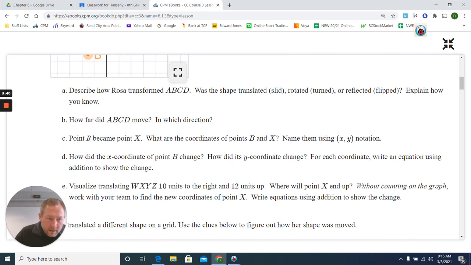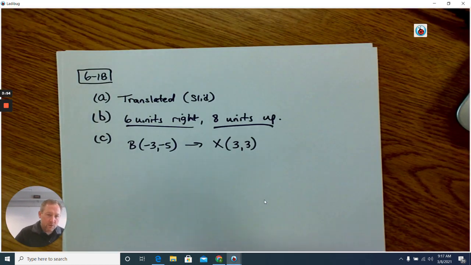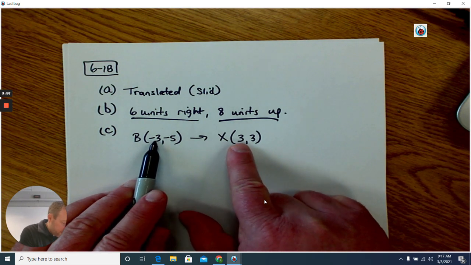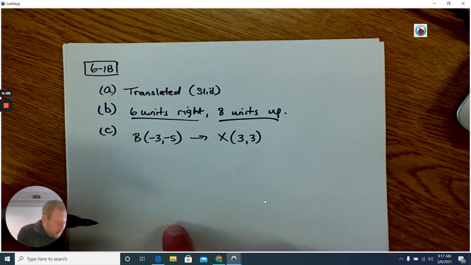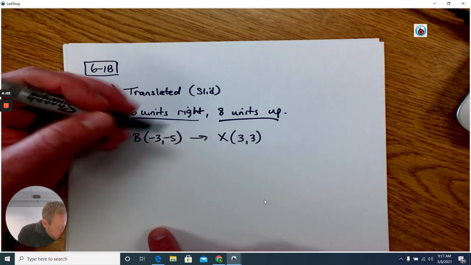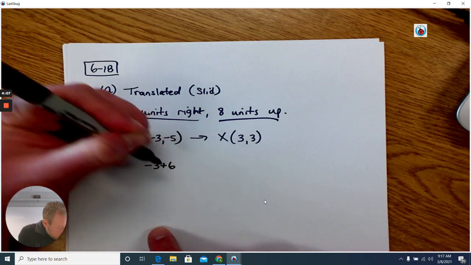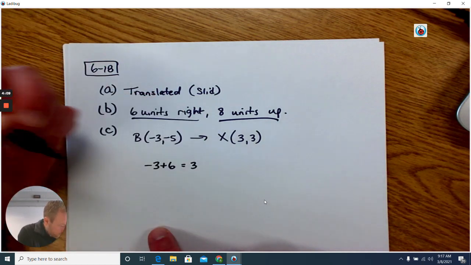Part D. How did the x-coordinate of point B change? How did the y-coordinate change? For each coordinate, write an equation using addition to show the change. Okay, so if you look here, how did this change? If I went from negative 3 to 3, that's a plus 6. So it was negative 3 plus 6 equals 3.